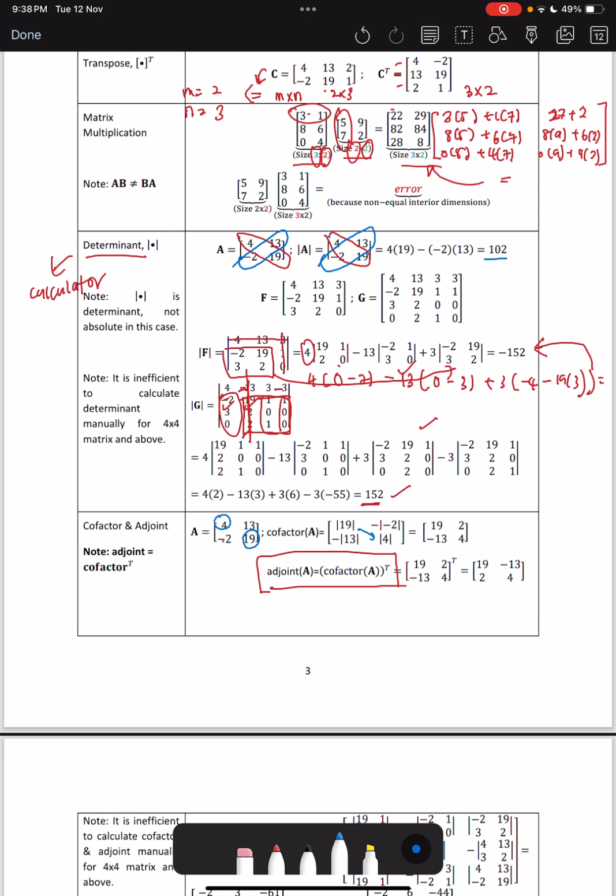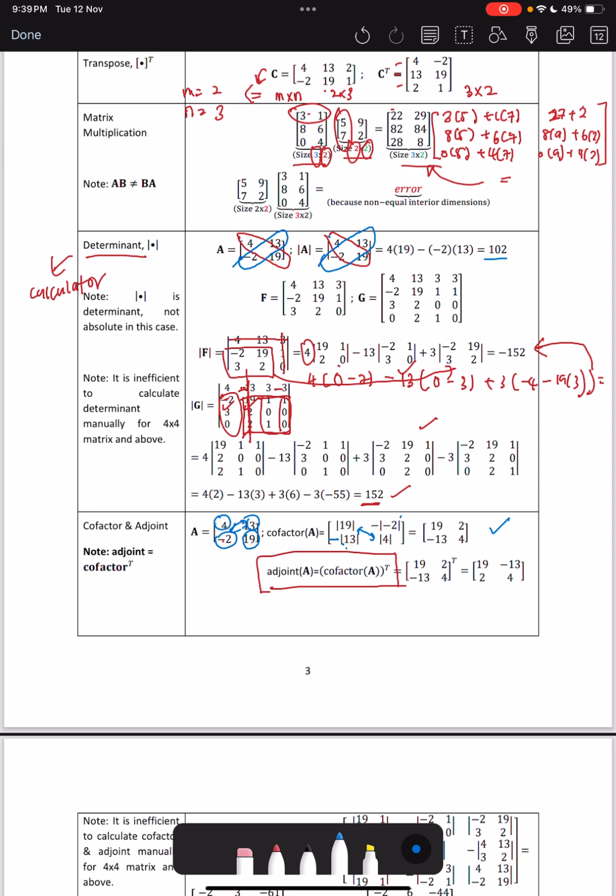You swap the positions, and you also make it negative for the off-diagonal entries. So 13 becomes negative, and negative 2 becomes positive. So this is the cofactor of matrix A, and the adjoint is the cofactor matrix of A, and then you transpose it.